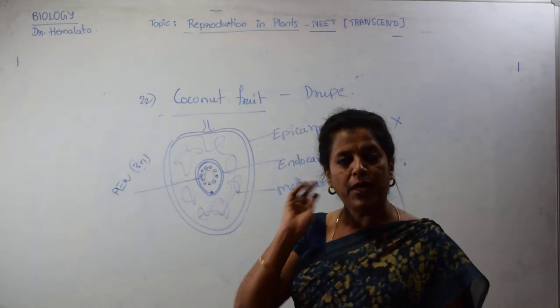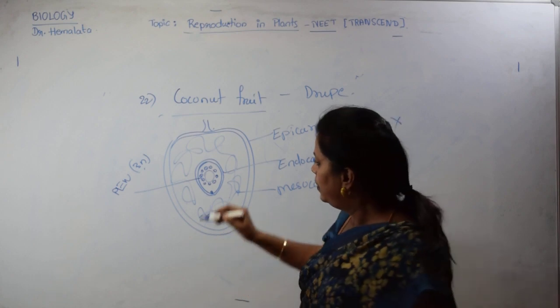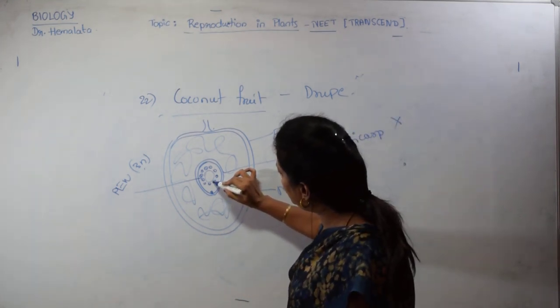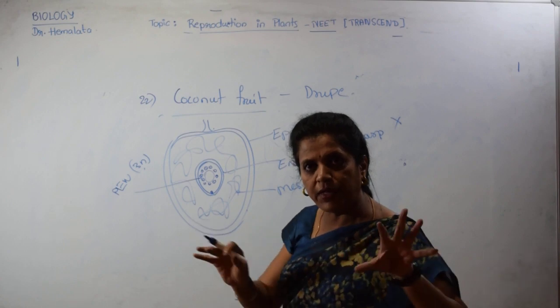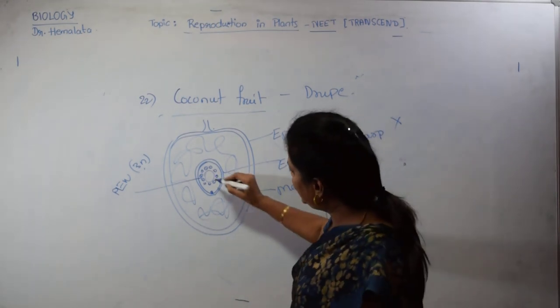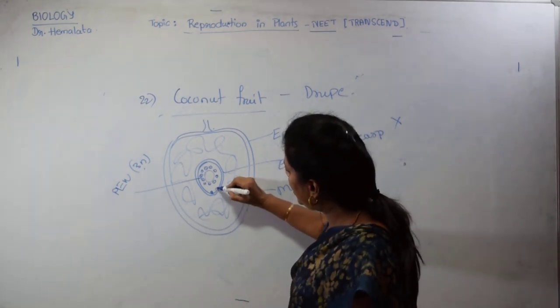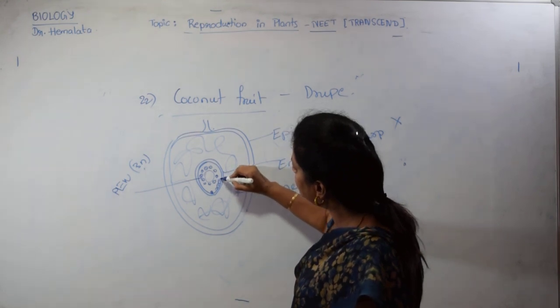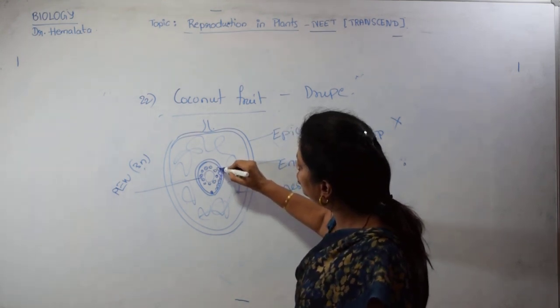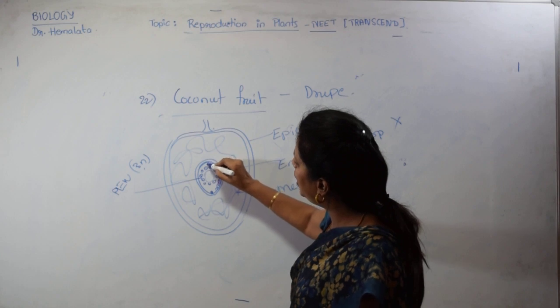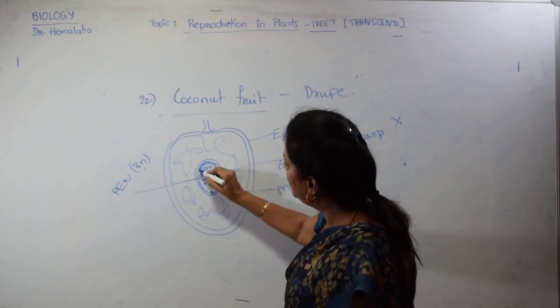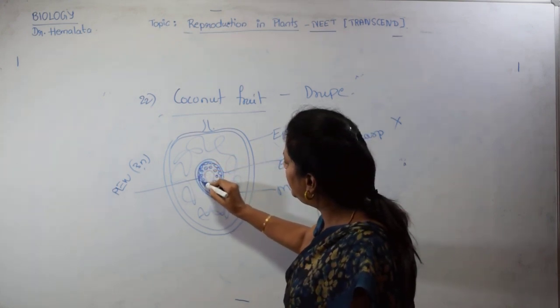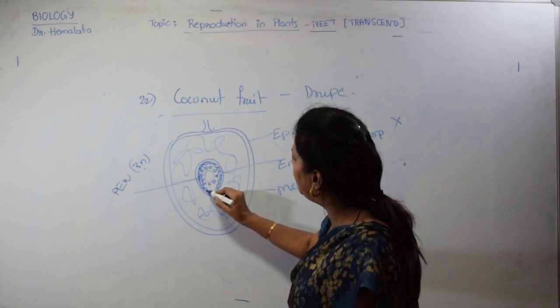But later, as they go to the periphery, these free nuclei are found in the liquid. Once they go to the periphery, they start cellularizing. First, what I showed you is free nuclear endosperm divisions taking place. Later, cellularization happens where the cell wall is formed.